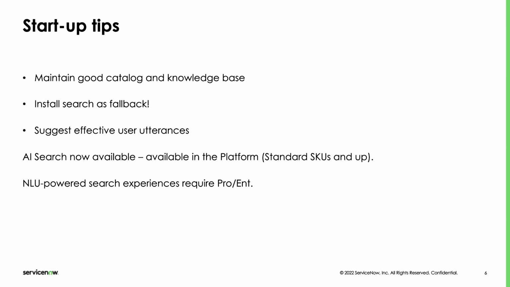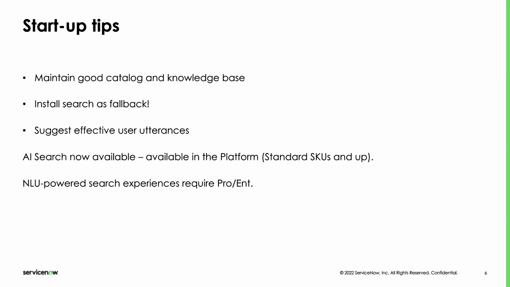But in your greeting, if you say, for example, you can type request a MacBook Pro, your users will know to type request a MacBook Pro instead of just MacBook or a long paragraph, which basically means they want to request a MacBook. So there are ways to avoid fallbacks altogether by suggesting effective user utterances, either in your outbound outreach to your users, as well as within your greetings yourself.